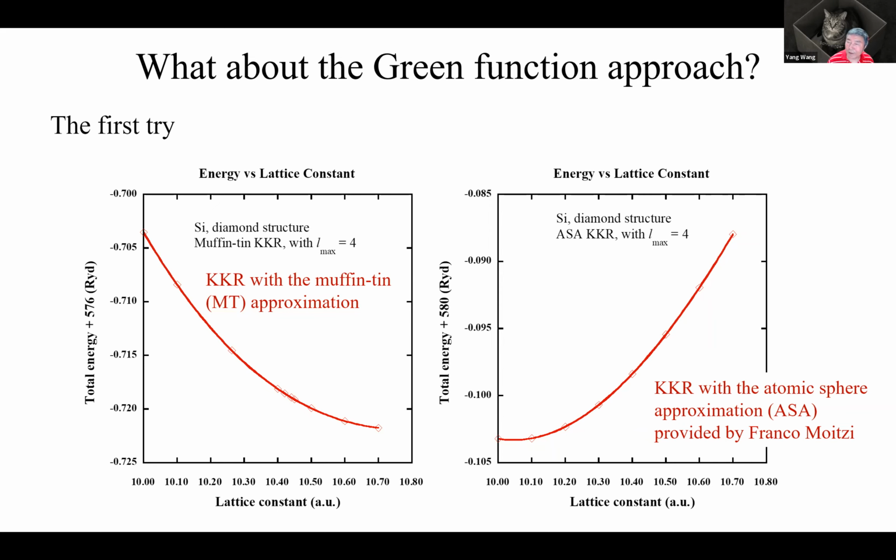He shows that when you increase the lattice constant, the energy keeps on increasing. So it's totally opposite to mine, and totally out of our expectation. What is going on? But we can blame the spherical approximation, right? It's easy to blame, because of course we need to try full potential.